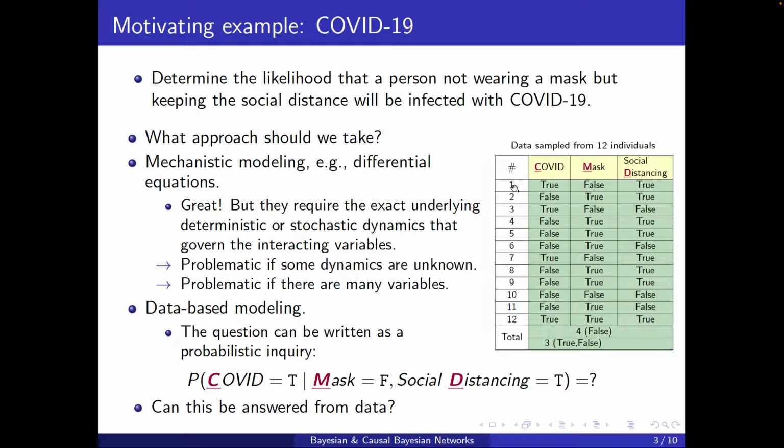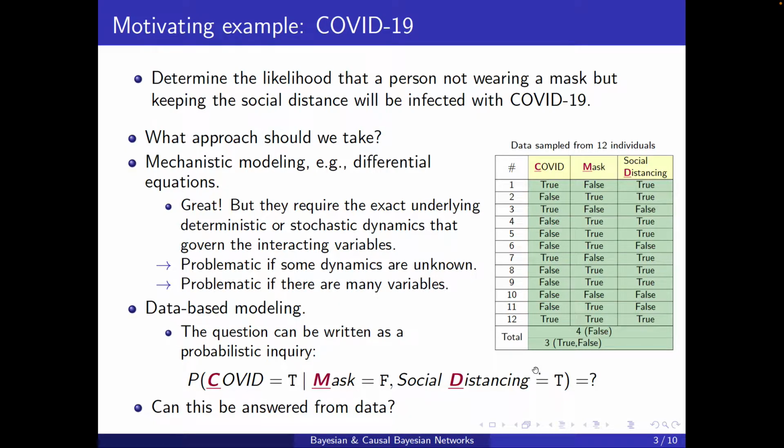Individual 1, we know that was infected with COVID, because it's true, but did not used to wear a mask, which is false, but abided by social distancing. And so on. Like the second person was not infected, but did wear a mask and was abiding by social distancing, and all the way to the 12th one. So how can we use this table to answer this inquiry?